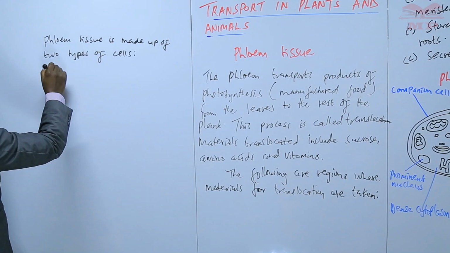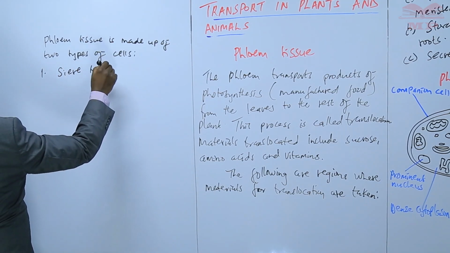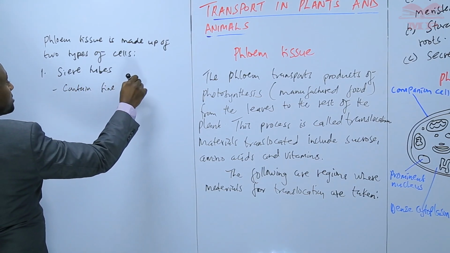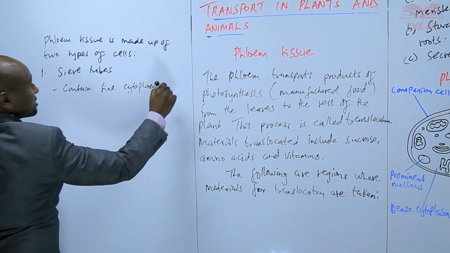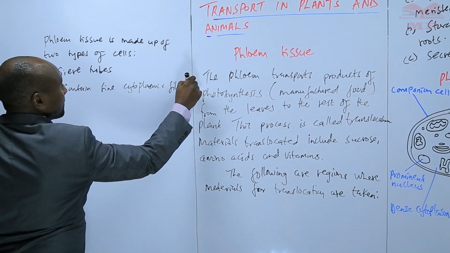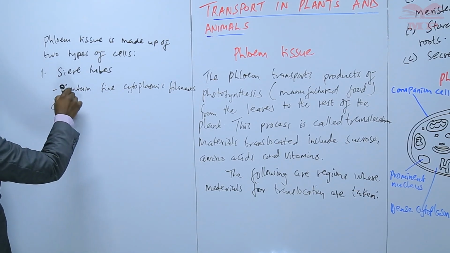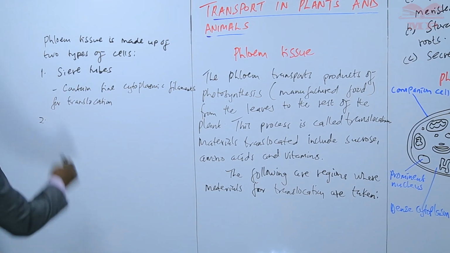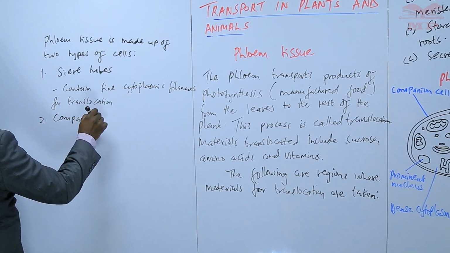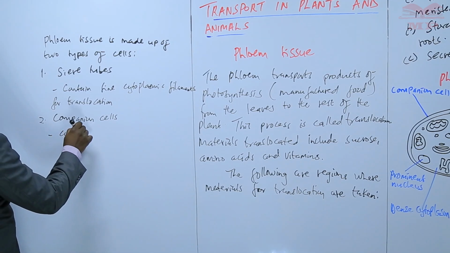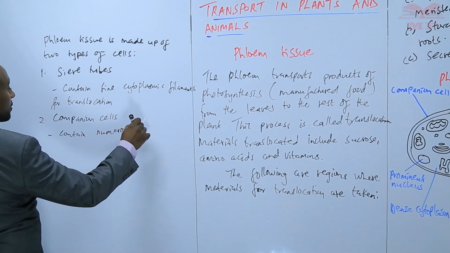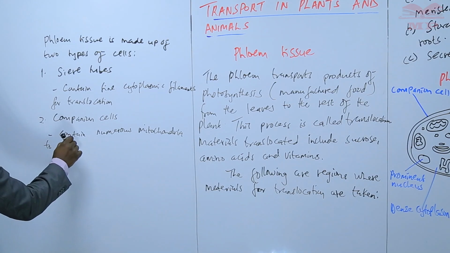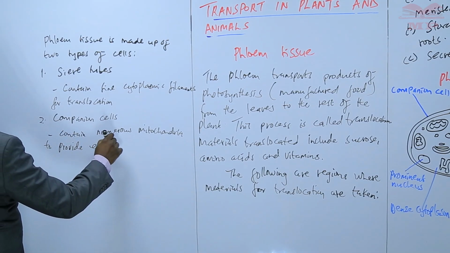One, we have the sieve tube or sieve tubes, and these ones contain fine cytoplasmic filaments for translocation, and 2, we have the companion cells which contain numerous mitochondria to provide energy for translocation.